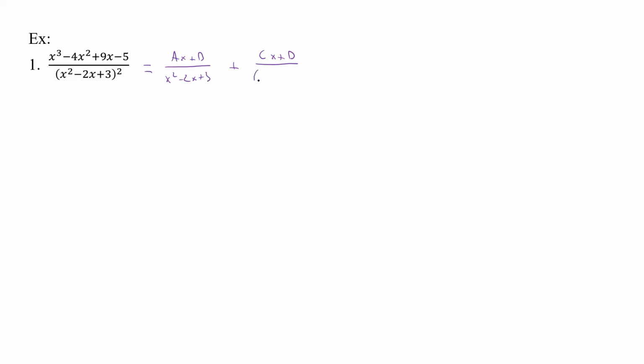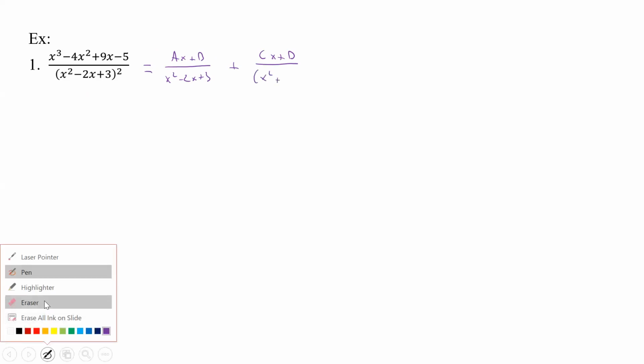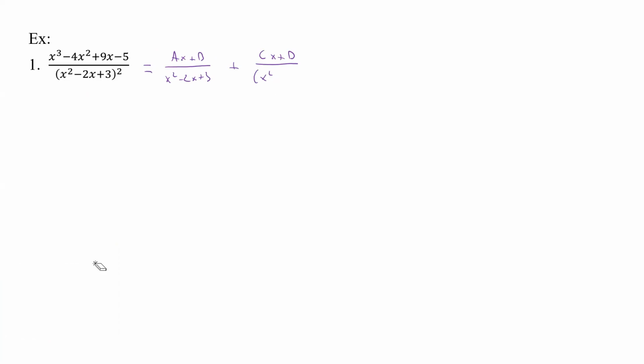And then this is going to be over x squared minus 2x plus 3, the quantity squared.